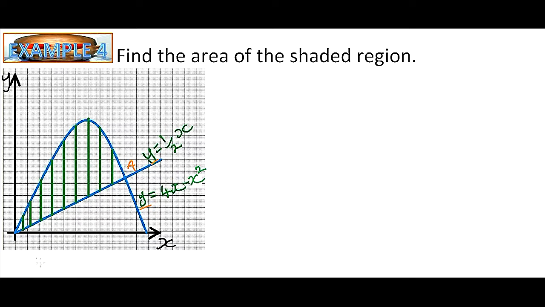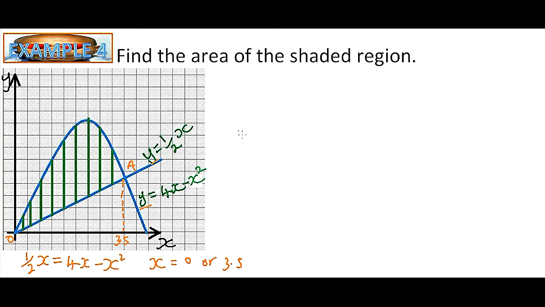equate them. So a half x is the same as 4x minus x squared. So when you work out this, you find that x is equal to 0 or 3.5. This means that this point here is 3.5, and of course here we have 0.